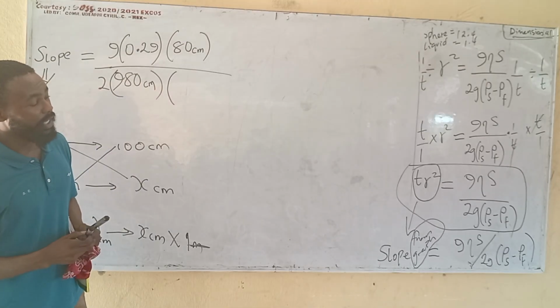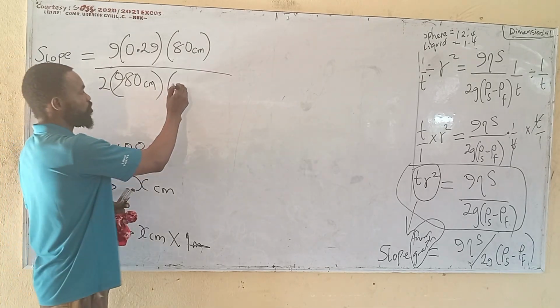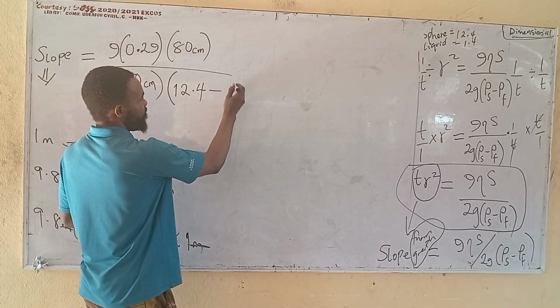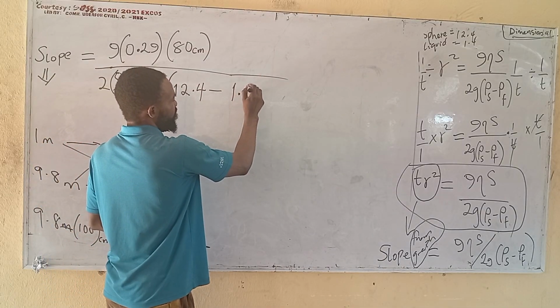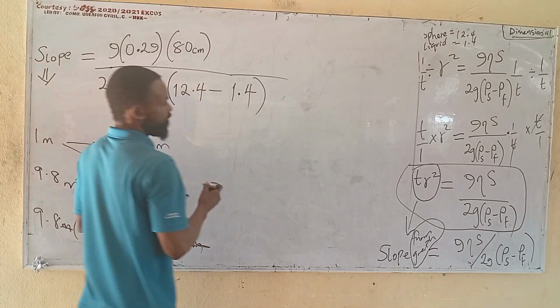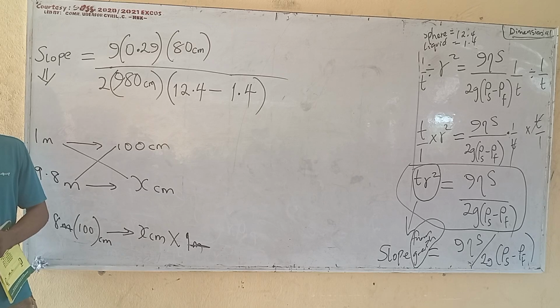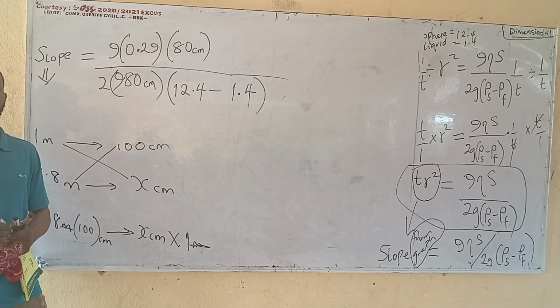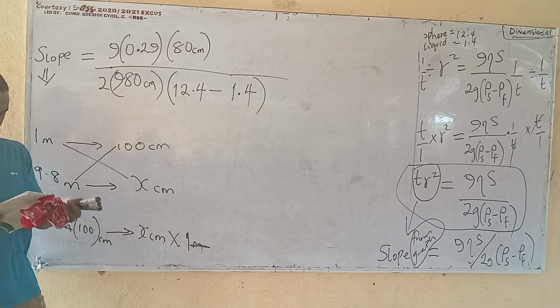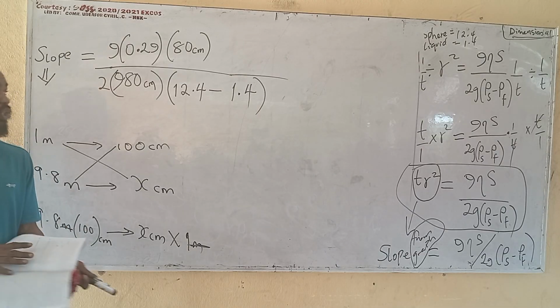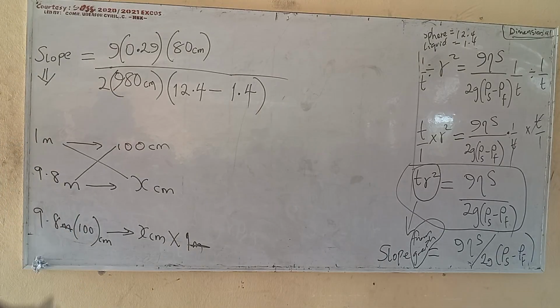Oh yeah, the density of the sphere, we got it to be 12.4, and remember that 1.5 and 12.4 are in gram per centimeter cubed, because if you fail to do it well, you will enter trouble.